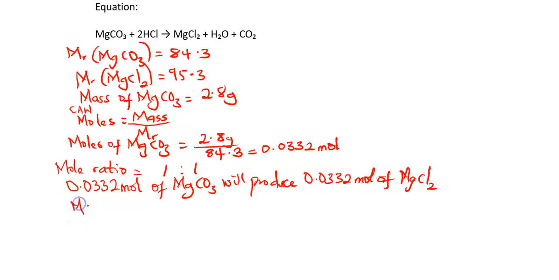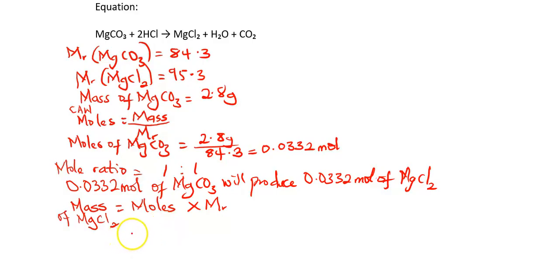And so, mass becomes number of moles multiplied by our relative formula mass. Or better still, we say mass of magnesium chloride, just so we can know exactly what we are calculating. Mass of magnesium chloride gives number of moles multiplied by the relative formula mass.